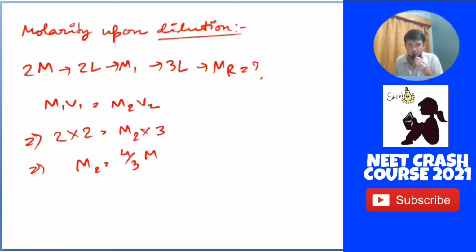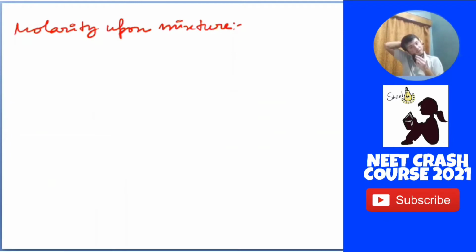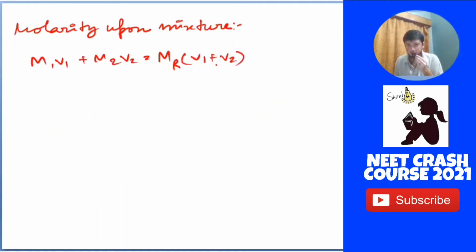Let us see the next, molarity upon mixture. We have a formula: M1 V1 plus M2 V2 equal to MR into V1 plus V2.